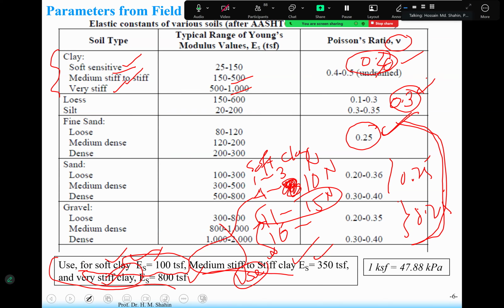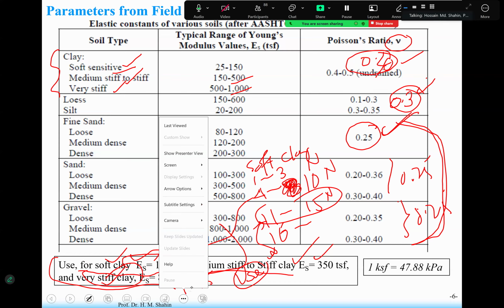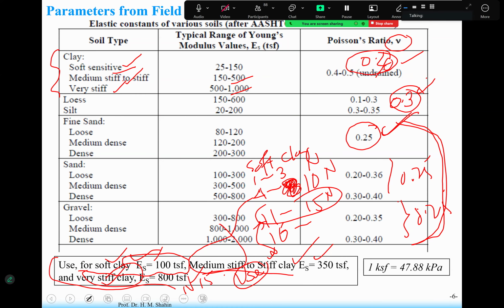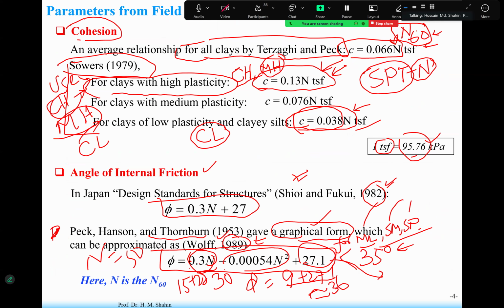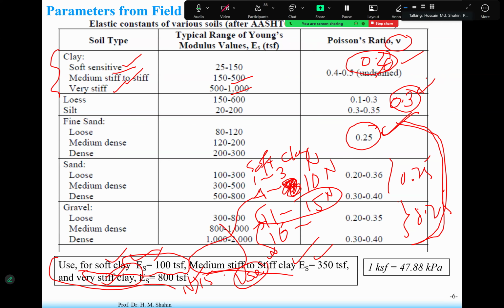If the N value is more than 15, very, very stiff. So use this. So this is in TSF. Again, 1 TSF equal to what? 95.76.